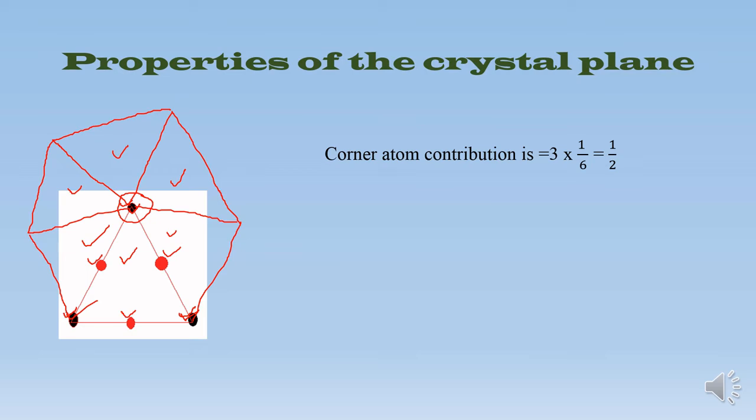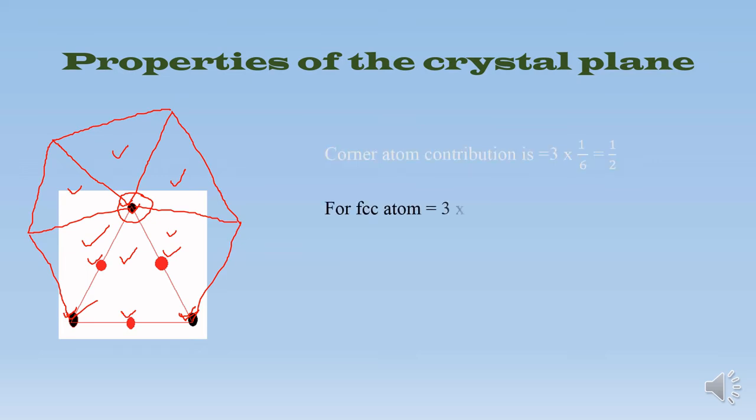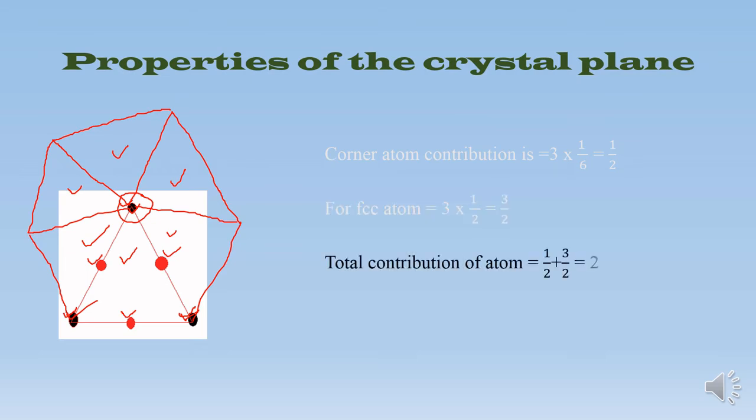Then what about the face centered atoms? They are shared by 2 planes. That means 3 face centered atoms shared by 2 planes. So, the contribution of face centered atoms is 3 into half, that is equal to 3 by 2. Therefore, the total contribution is half plus 3 by 2, that is equal to 2.